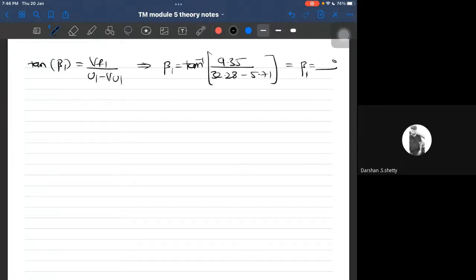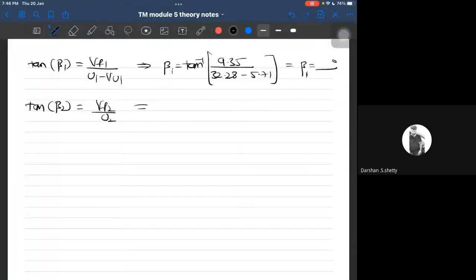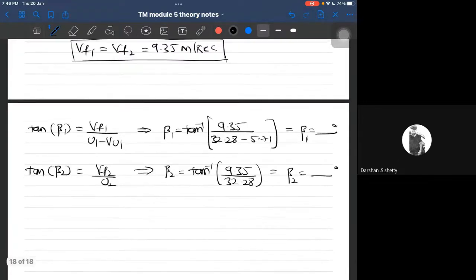So now beta 2 we can calculate by applying tan as well. Tan beta 2 is equal to Vf2 divided by u2. So beta 2 is equal to tan inverse of 9.35 divided by 32.28. So from this, what is the value of beta 2? 9.35 is Vf1.